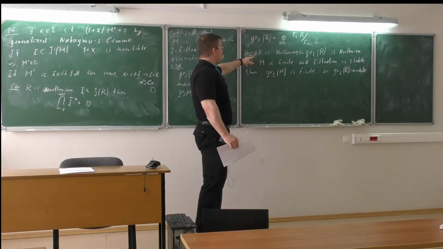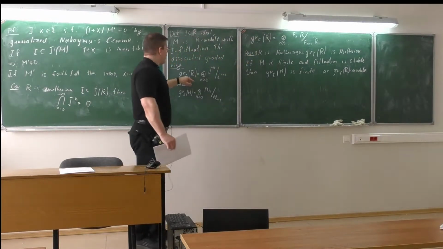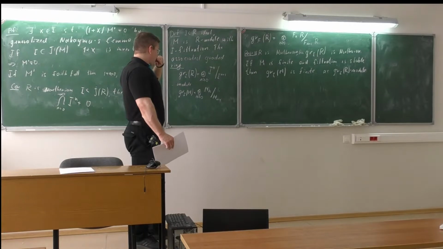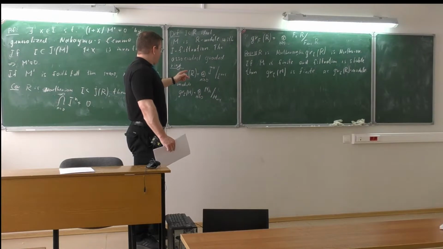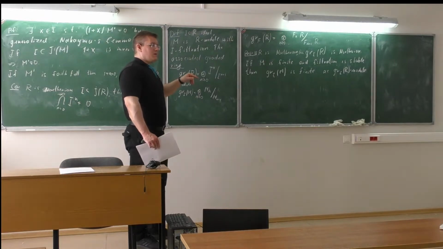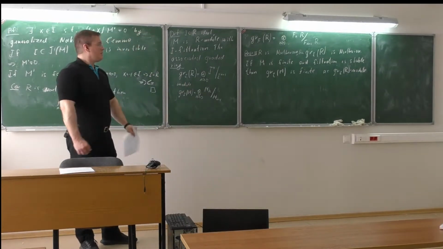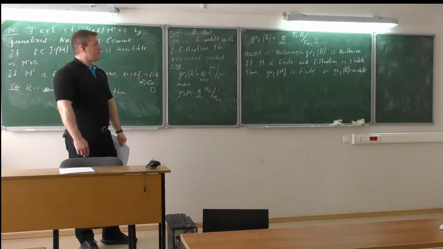For the first part, of course, it works in both directions, since the degree 0 part is R modulo I. So if this is Noetherian, we can conclude that R modulo I is Noetherian, but we cannot conclude that R is Noetherian. So it can also be not true in the other direction. But the counterexamples might be quite elementary in this case.